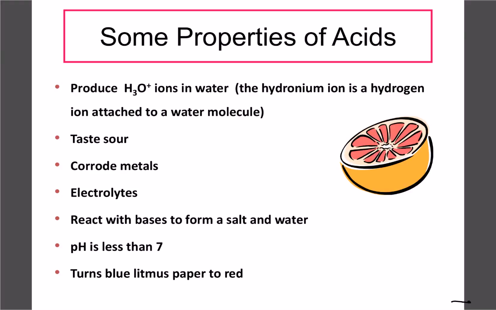So an acid produces H3O+ ions in solution. And by H3O+ ions, we mean hydronium ion. As for grade 12, we're not going to talk about H+, we're going to talk about the hydronium ion. So it's just a hydrogen ion attached to a water molecule.